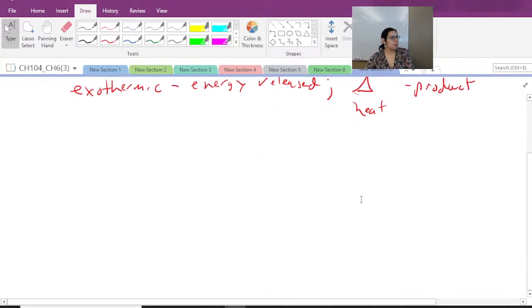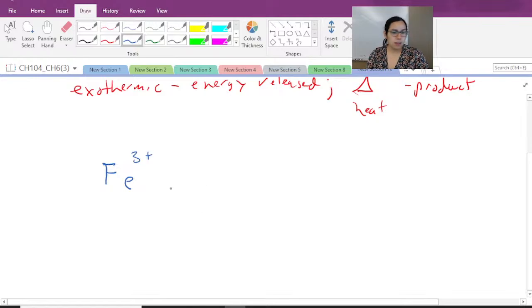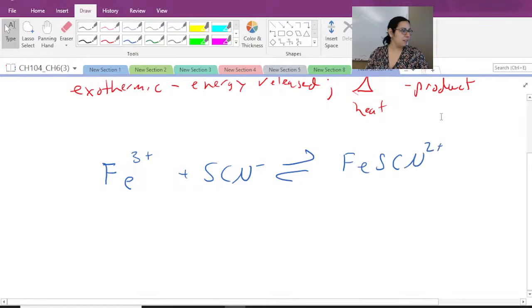So now let's look at our lab reaction. We set up this scenario: we had iron 3 plus and thiocyanate, equilibrium arrows, the FeSCN 2 plus complex.